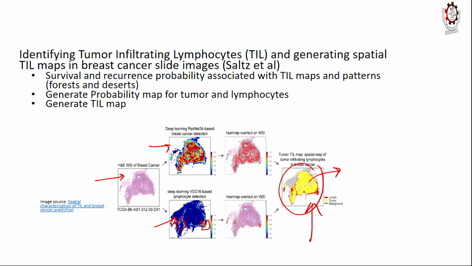Assuming that the algorithm is well validated, they can look at your TIL map and tell the oncologist that this is the TIL map we have for this particular patient, which means that this person would likely benefit from therapies like immunotherapy. The pathologist won't make this decision, the oncologist will, but the pathologist at least has the supporting information that we provide in addition to the digitized image.